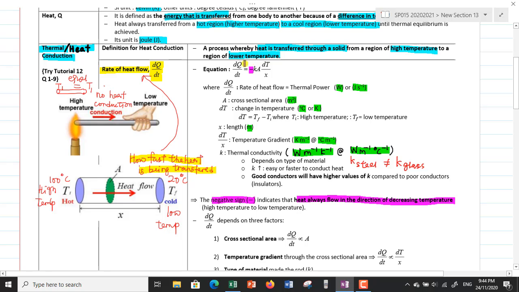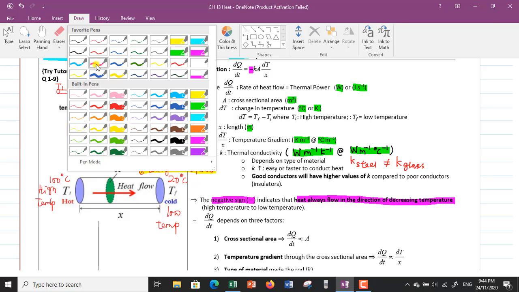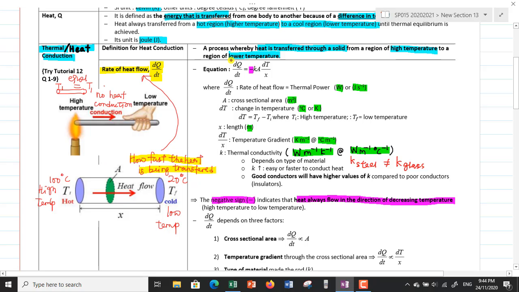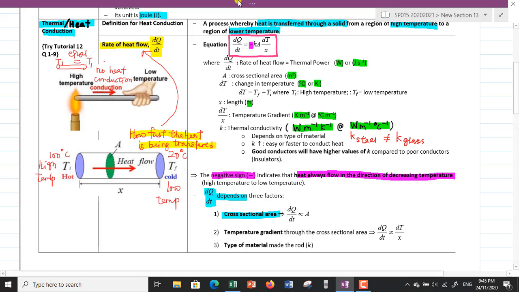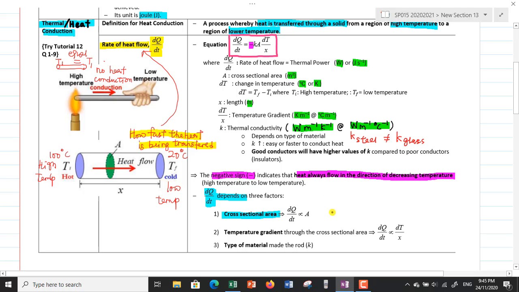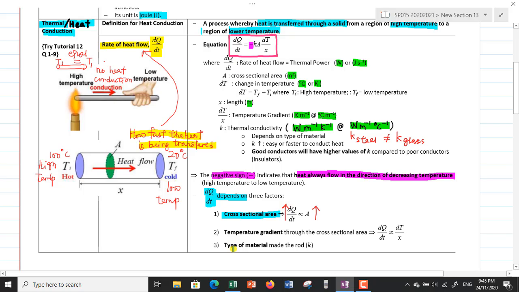So class, from the equation given, remember this equation. Our rate of heat flow depends on the cross-sectional area: the larger the area, the faster the heat transferred. Second, it depends on the temperature gradient.